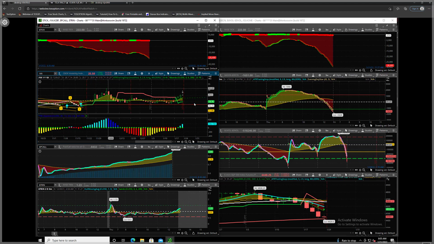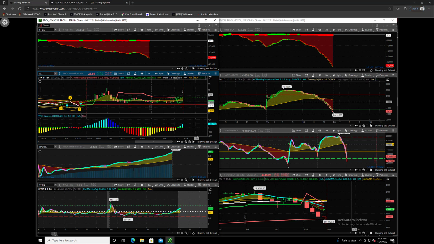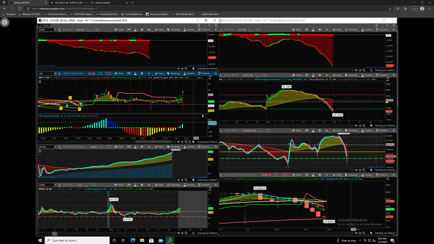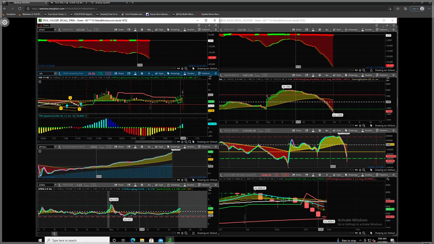Hopefully February is a bit better month. It's been a pretty brutal January for options in terms of 750R. It's doing what it needs to do, right? Okay, so again, these market internals are as good as it gets.